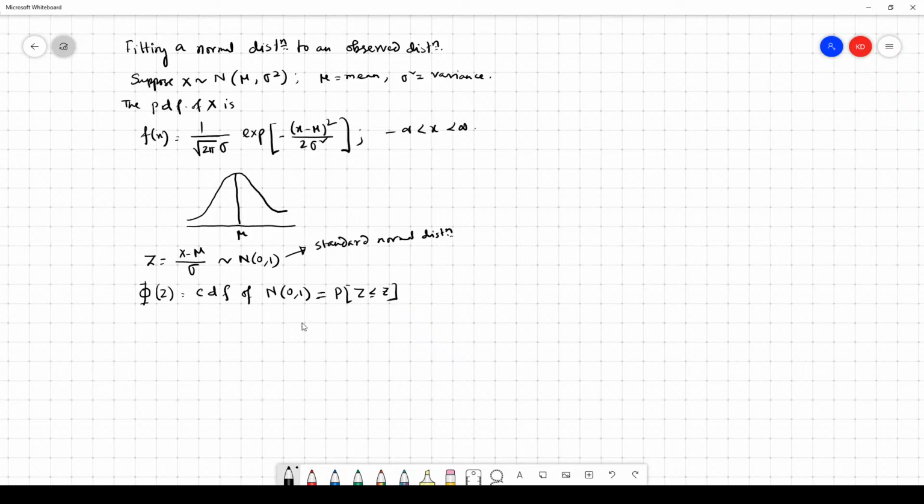So we need this CDF of normal 0, 1 because the standard normal table is available. You can find this in a biometric table or in your textbook.